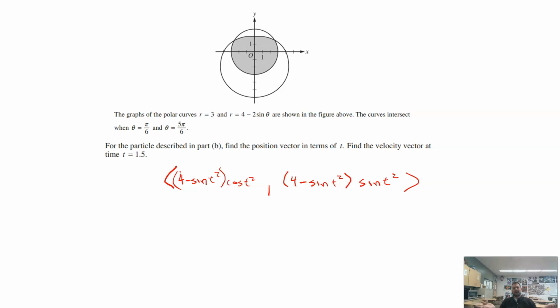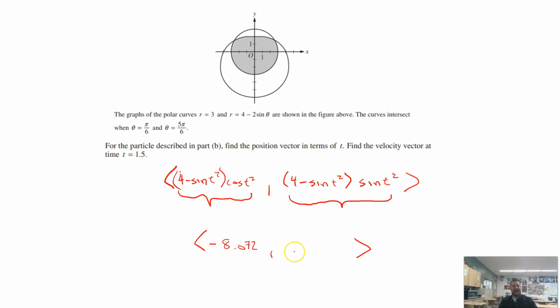Now that we've got our position vector, so we've got our x of t and our y of t, it also wants the velocity vector at time equals 1.5. Well, that's really easy. All we have to do is take the derivative of this and plug in 1.5, and our calculator does that. And when you do that, you get negative 8.072. Then we do the same thing for our y-coordinate.